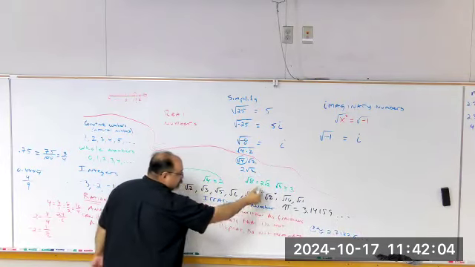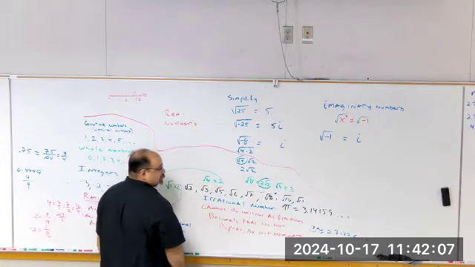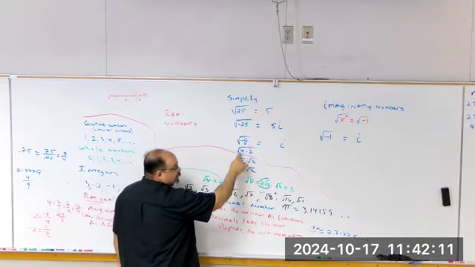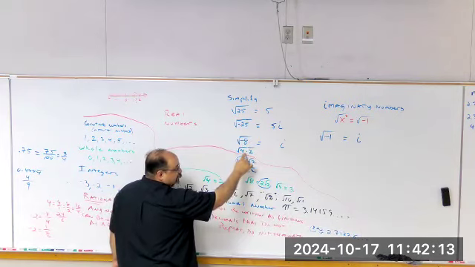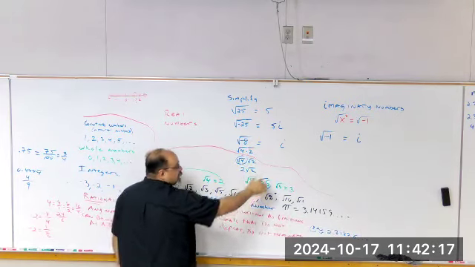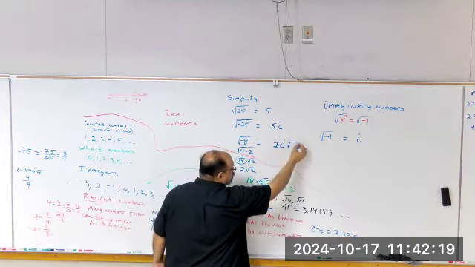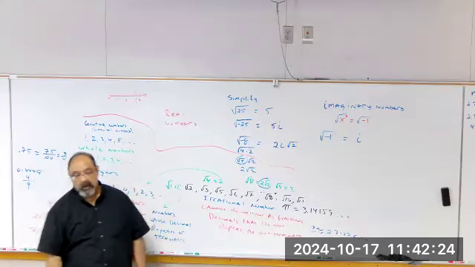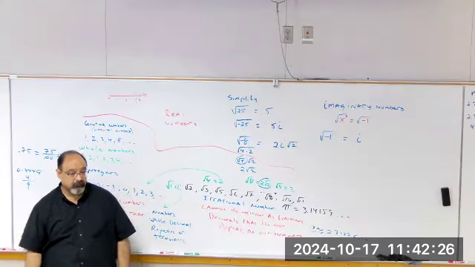That's how I got this. Because 8 can be written as 4 times 2, and 8 has a perfect square factor. And that perfect square comes out. So I get 2 times i and a square root 2 left behind. And we will do more examples of this on Tuesday next week.